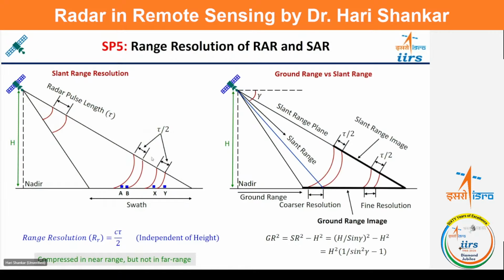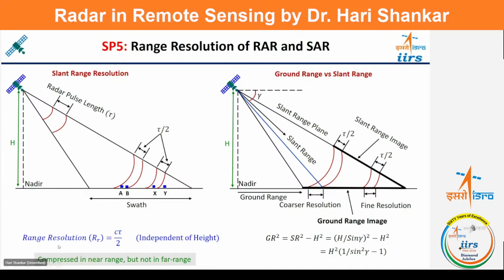But if they are near to the range, ground range, then they are coming into the same pulse width. It means they are not able to get separated. So you can say the range resolution is increasing from near range to far range. Here the range resolution is coarse, but on this side the range resolution is better.